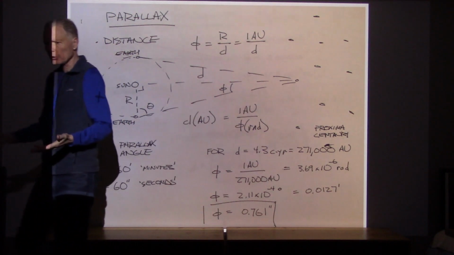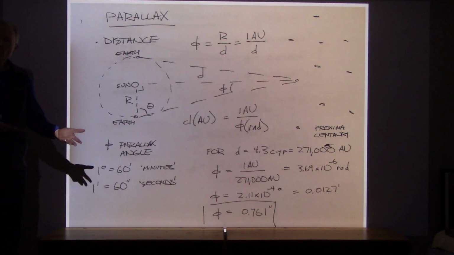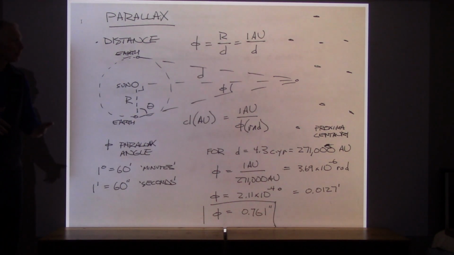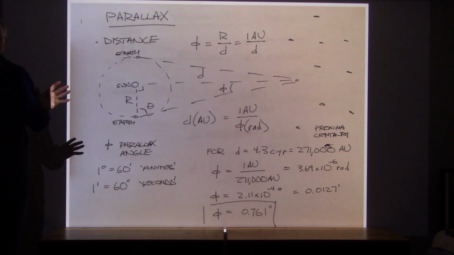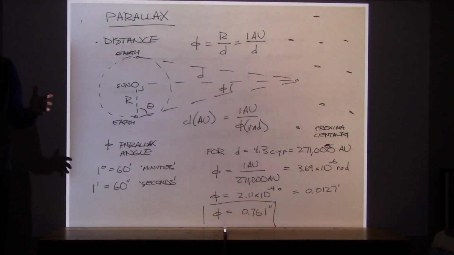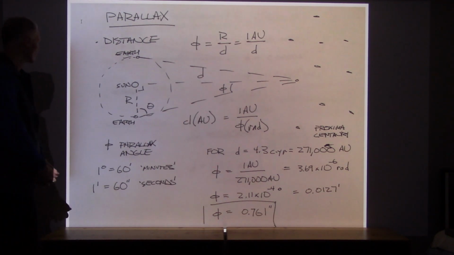But the counter argument was, well, if Earth is in orbit around the sun, then when we look at the stars, they should shift back and forth in their appearance, but we don't see that. There's no parallax. Well, it turns out that there is parallax. It's just that the stars are so far away, it's very, very difficult to be able to pick that up.